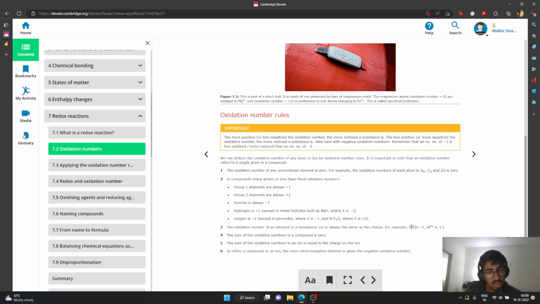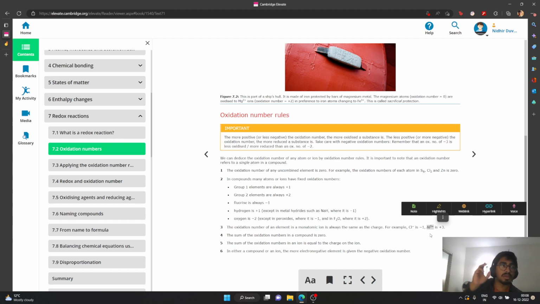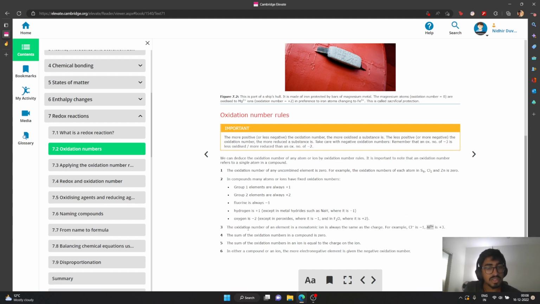In the ion there is only one Cl, in ionic form, whose oxidation number is minus 1. So oxidation number can be positive, 0 or negative. Similarly, Al3 plus has a charge of plus 3, so the oxidation number is also plus 3. This rule is specifically only for ions. Okay, so let's keep going.